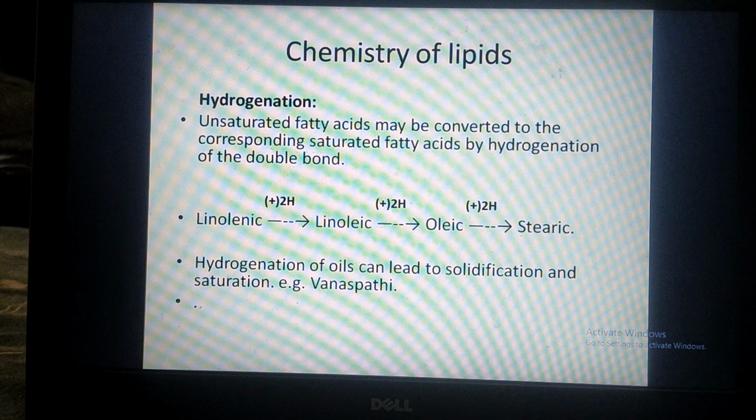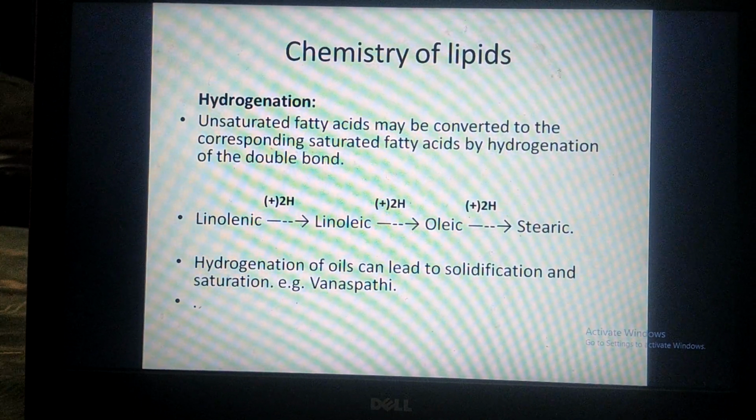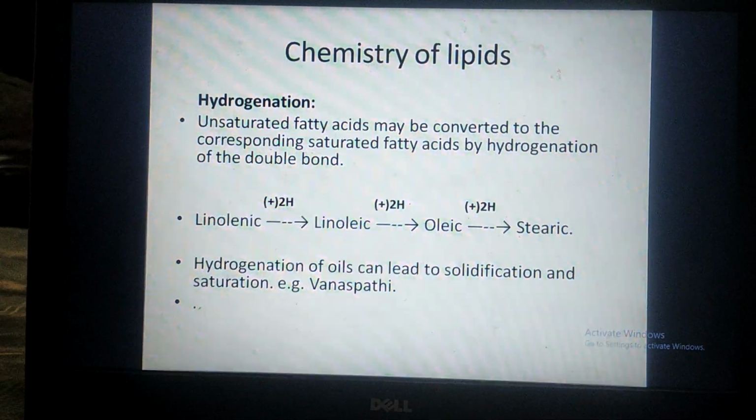When we add 2 more hydrogen atoms, it gets converted into 18 carbon oleic acid with a single double bond. And when we add hydrogen atoms again, it forms a saturated fatty acid called stearic acid. Hydrogenation of oils may lead to solidification of fat.